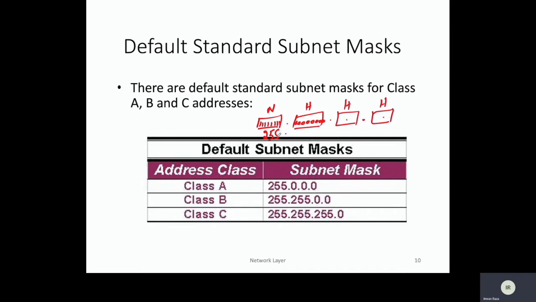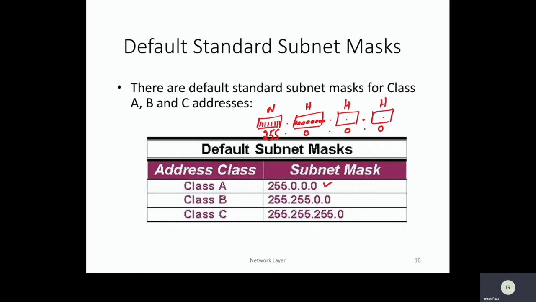This means the default subnet mask of class A is 255.0.0.0, as you can see here. And how have we calculated it? Very simple. We replaced all the network portion bits with 1 and all the host portion bits with 0.